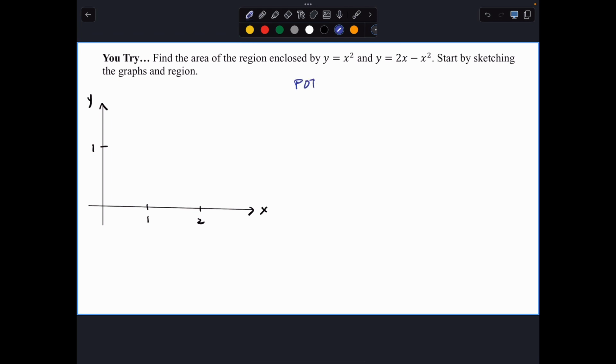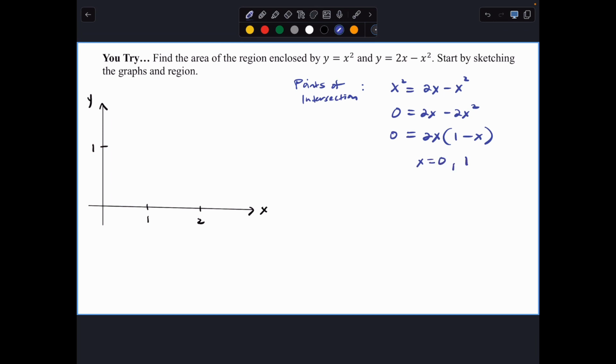Negative 1 squared also equals, negative 3. Wait, hold on. 0 also satisfies the equation.